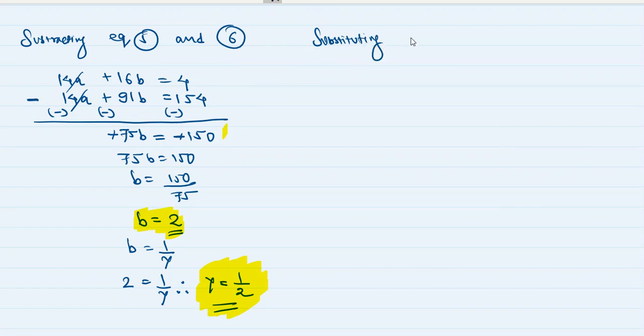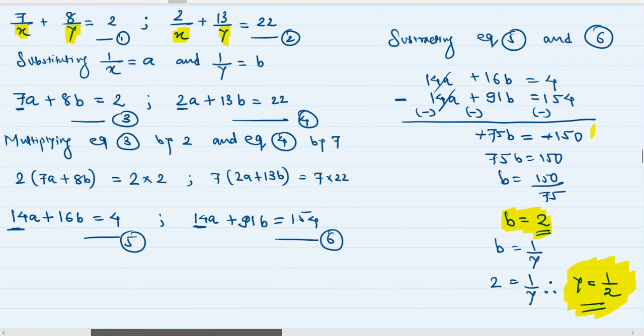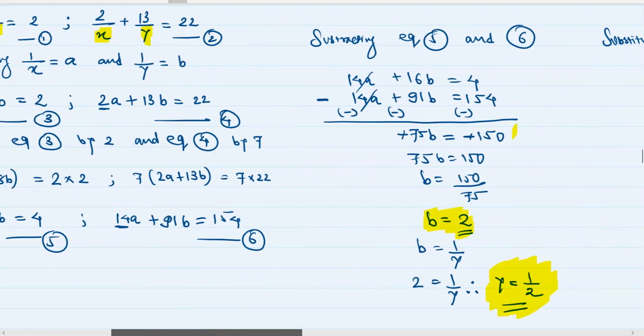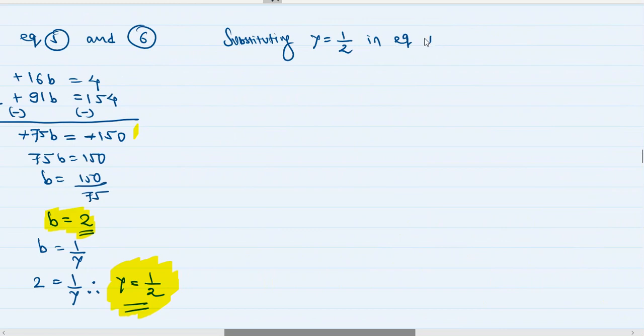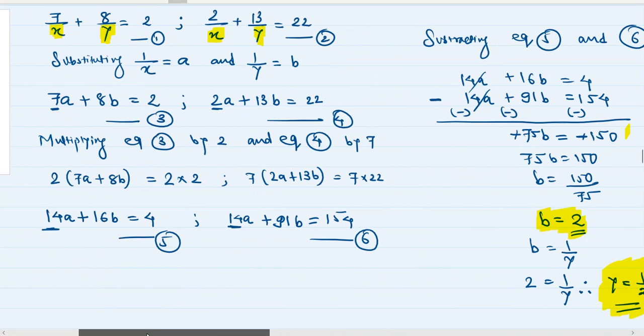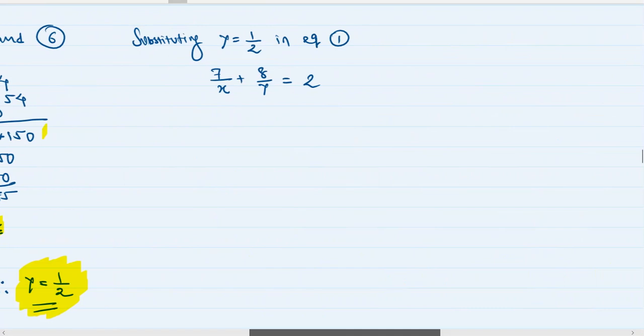Substituting y is equal to 1 upon 2 in equation 1. 7 by x plus 8 by y is equal to 2.